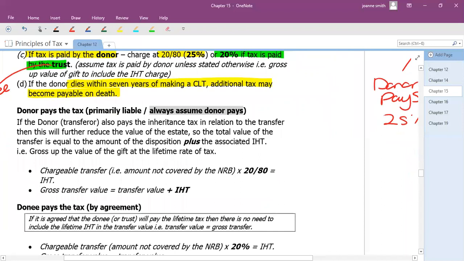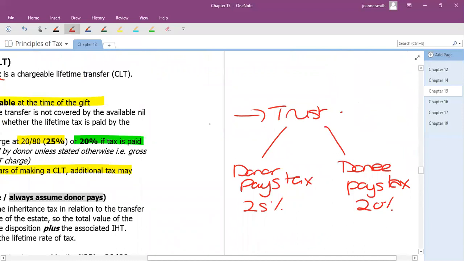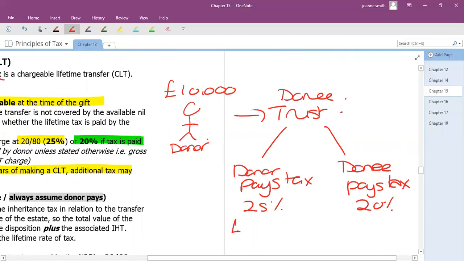It says if the donor or transferor also pays the IHT, then this is going to further reduce the estate, isn't it? So if I give some money into this trust, let's say I gave the trust £10,000 to be distributed at some point, and I'm the donor, the trust is the donee, and I've also got to pay the tax, I've got to pay £2,500 tax.